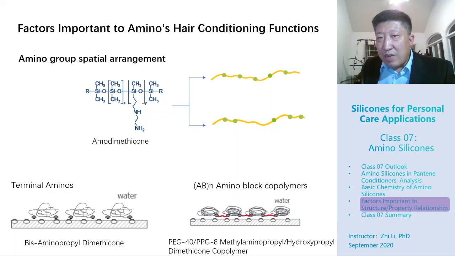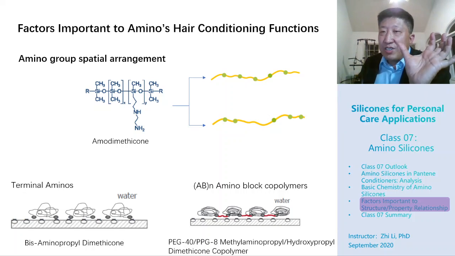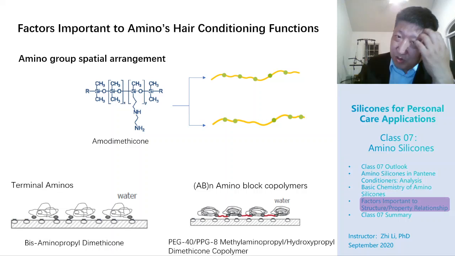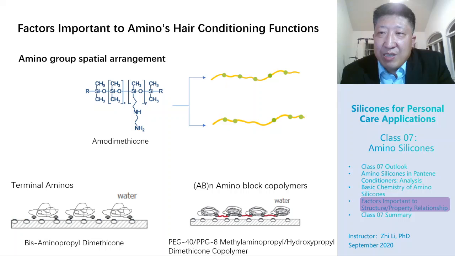That can be achieved by not using the D4, D5 cyclics as the starting monomer, but using a longer chain silicone bifunctional, amino-ended oligomers to have a little bit better structural control. I'm not fully convinced there is much performance difference here, but some suppliers are claiming benefits out of it.